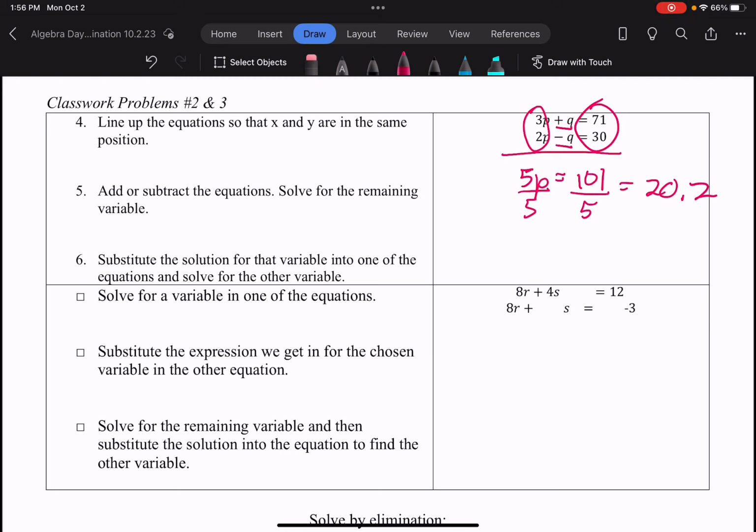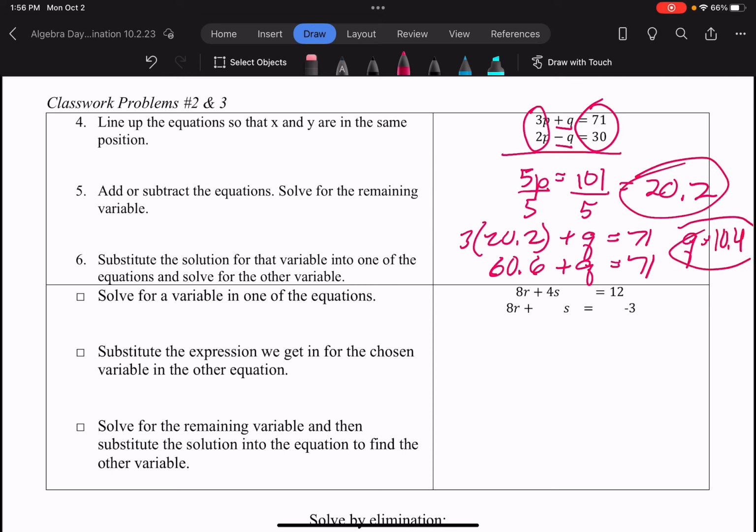So if I replace p, 3 times 20.2 plus q equals 71. 20.2 times 3 gives me 60.6 plus q equals 71. Subtract 71 minus 60.6 and you get 10.4, so q equals 10.4. So those are your 2 solutions.